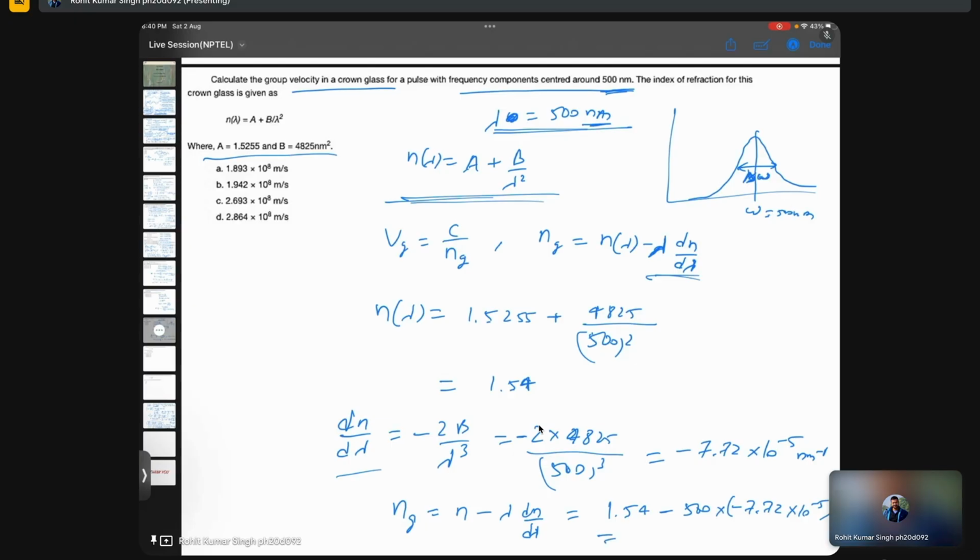Calculate it, you will get something like 1.58. So it is approximate. See, there is not much difference between the group index and the actual refractive index of this material, just a little different, but it is not the same. It will be the same in which case? When it is vacuum.